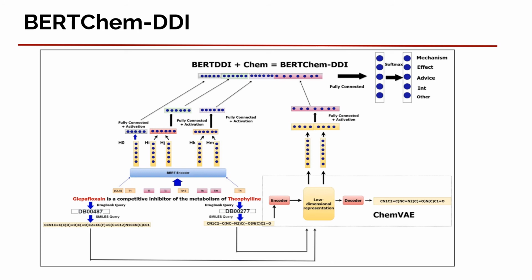So what does this model look like? Suppose this is our input sentence, in which glipafloxacin and theophylline are the two drugs. These are the two drug entities. We do a normalization. What is this normalization? It is entity linking, in which we query this name in the DrugBank database, which gives me a DrugBank ID and also its SMILES representation.